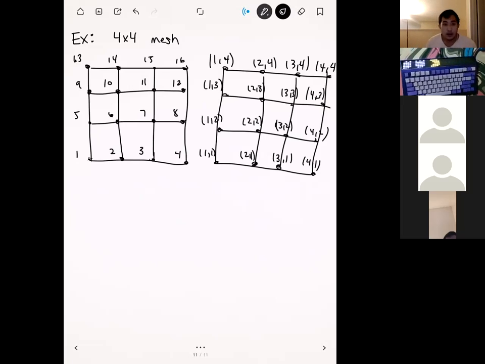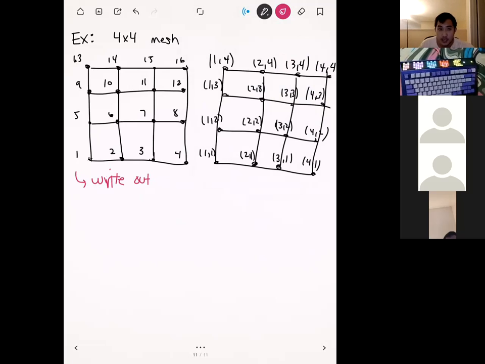And so what we want to do in this problem is write out the finite difference equation for nodes 6 and 10.